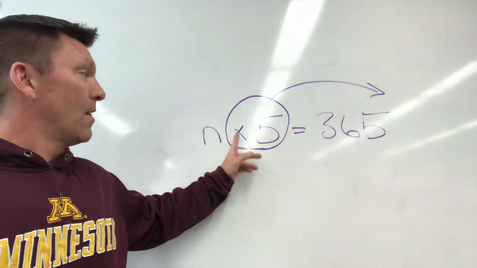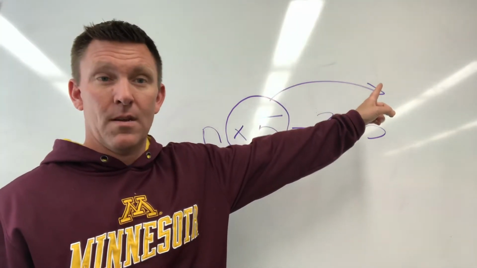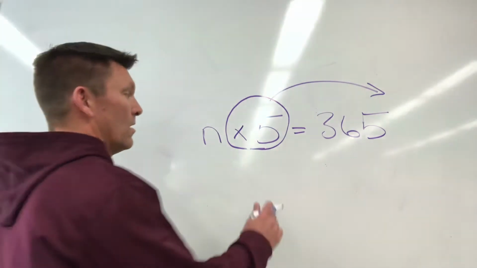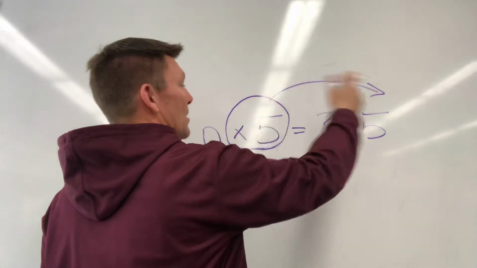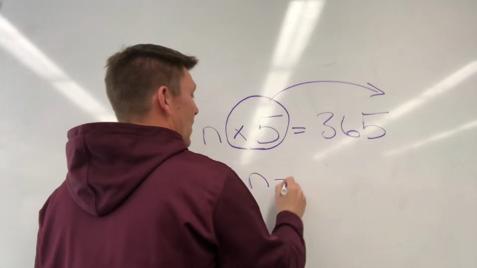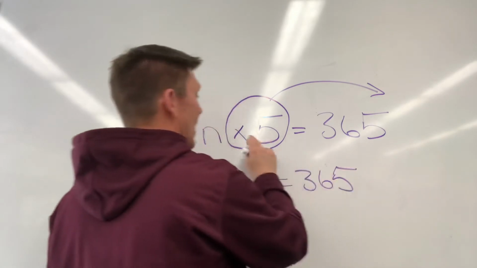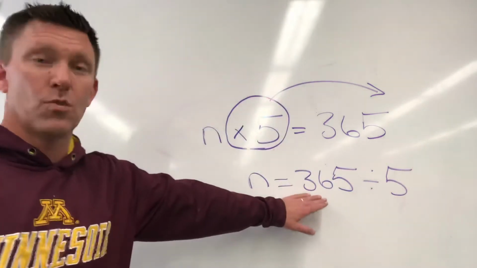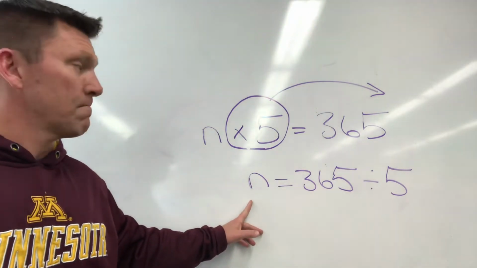The sign is going to become the opposite when you cross the equal sign, and the opposite of multiplication, as you should know, is division. So if I bring times 5 over here and times becomes division on the other side, my new equation is going to be 365, not times 5, but divide by 5, because this is what's going to help me solve what n is equal to, okay?